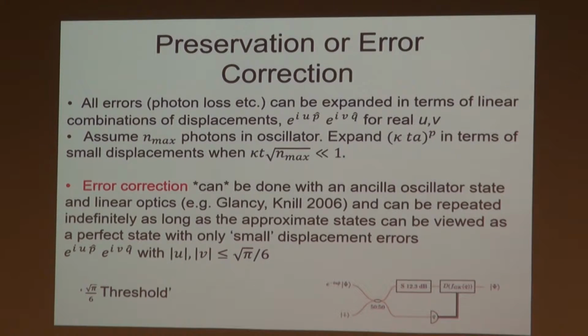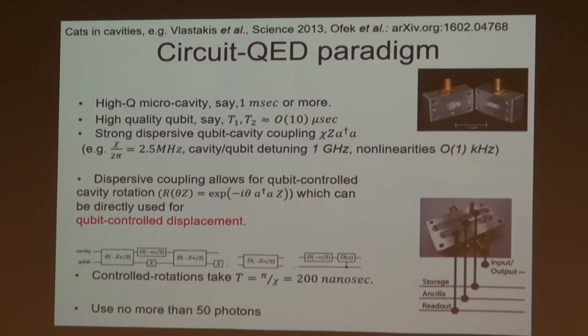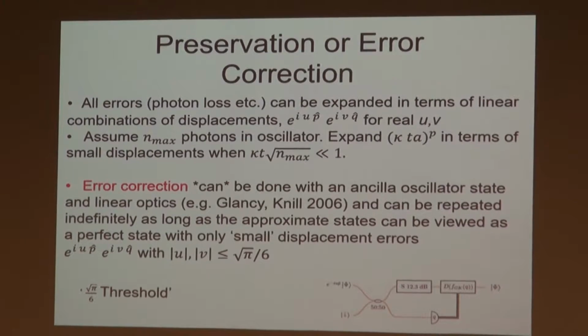So that's one scheme of doing error correction. There is some threshold below which this works, but I don't really want to say too much about it. What I'm proposing as error correction is actually using the same thing that is used to prepare a 0 or a 1, which we'll see in a moment. Are there questions right now?